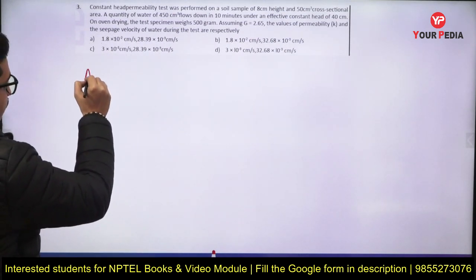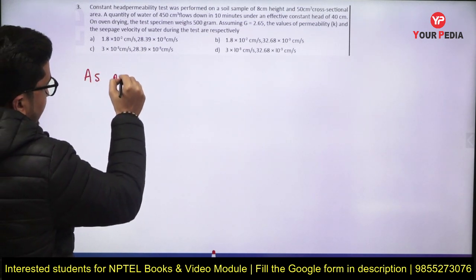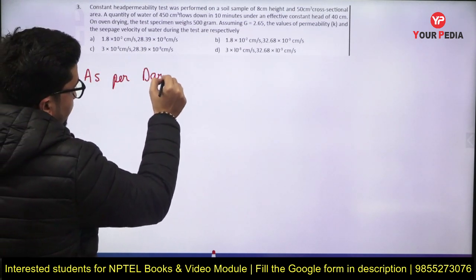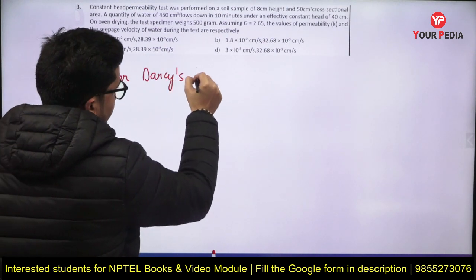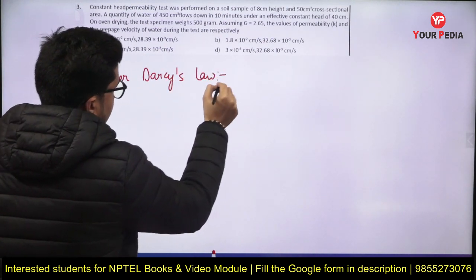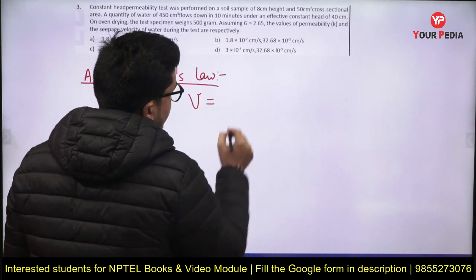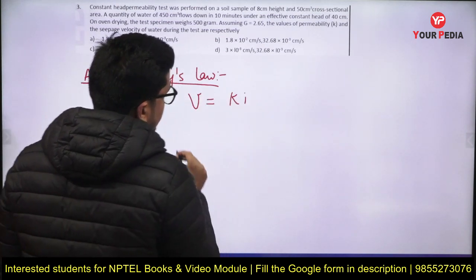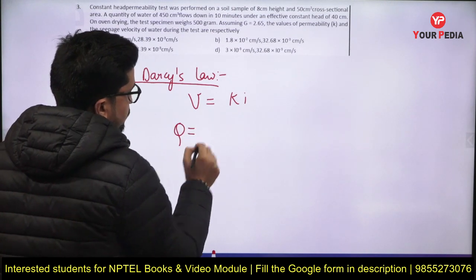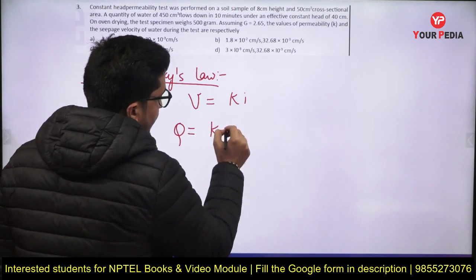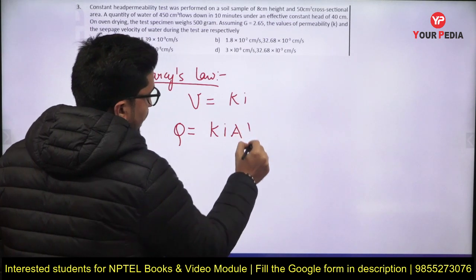So we know that as per Darcy's law, V or discharge velocity is equal to K into I, and Q or the discharge will be equal to KIA, right.